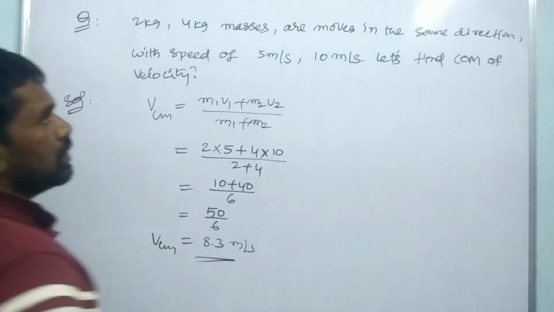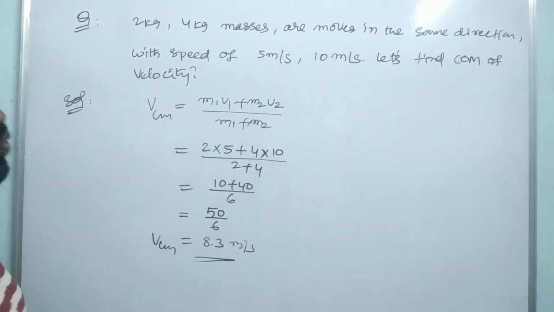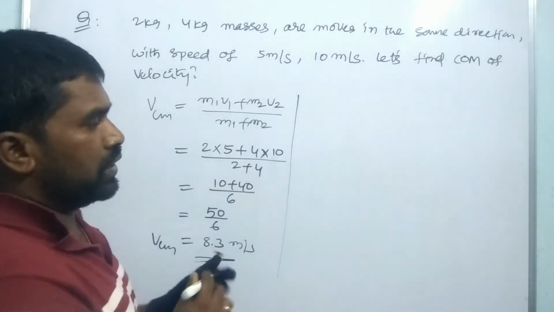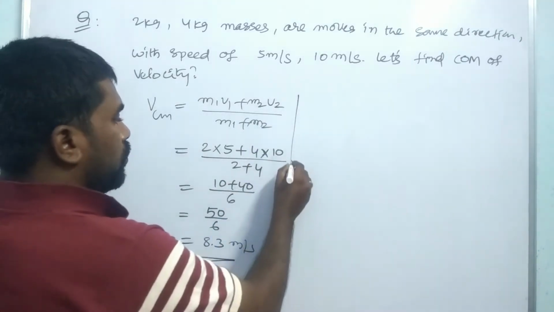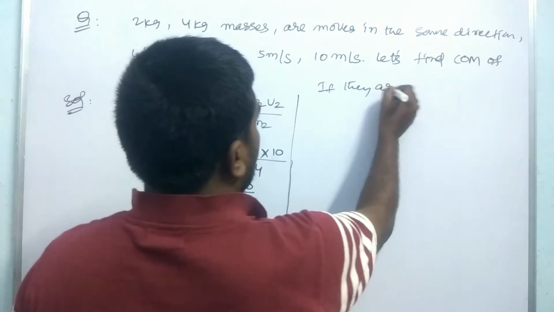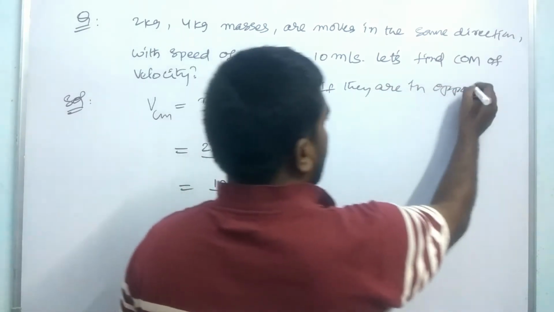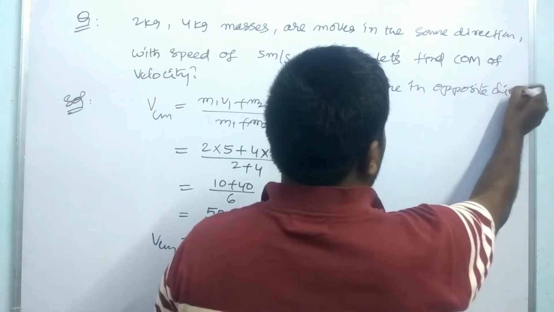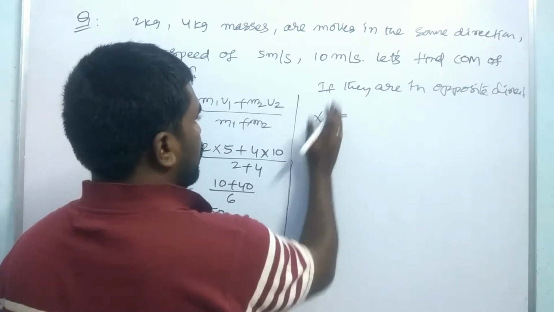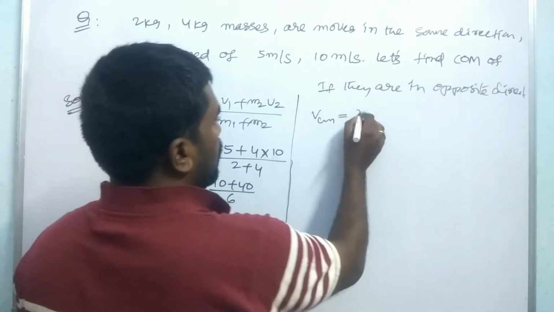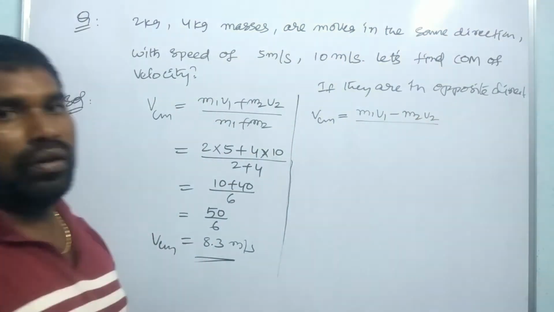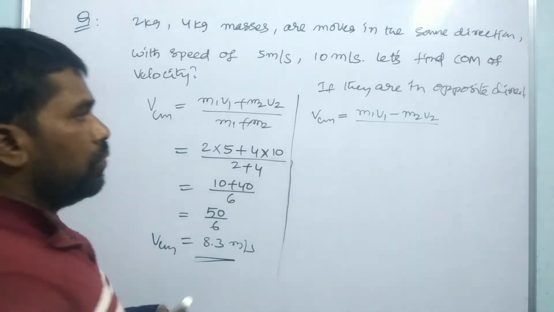So if the two masses are moving in opposite directions, how can we find the center of mass of velocity? VCM is equal to (m1v1 minus m2v2) by (m1 + m2), because the velocities of the two masses are opposite.